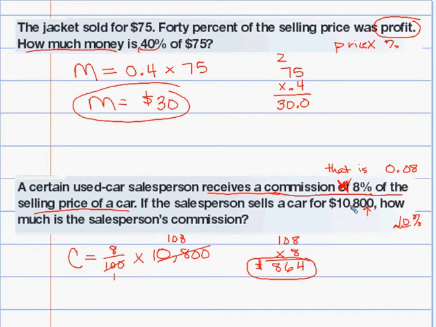So 10% would be $1,080. 8% is less than that, so this is $864. Okay? That seems reasonable. And you have to ask yourself those questions so that you can make sure that your answer makes sense.